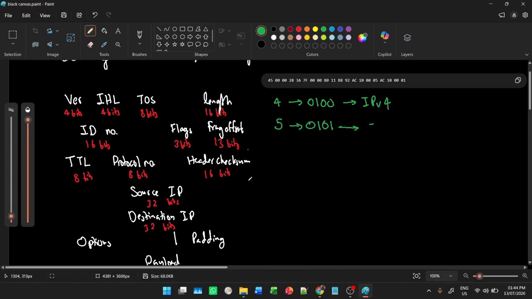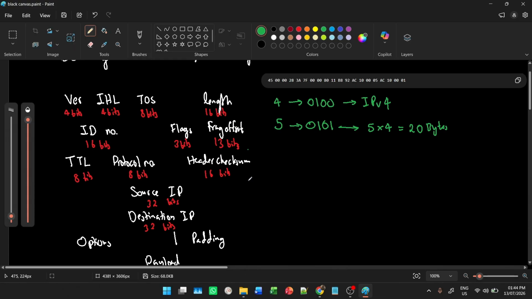So 5 times 4, remember we should always multiply by 4, gives us 20. This is the header length, and this is the minimum header length, meaning since the minimum is 20, there is nothing extra, nothing under options or anything. You should also know the maximum is 60. So this is 20 bytes. I hope you know that.